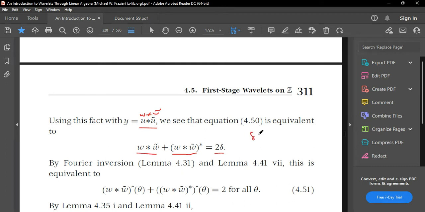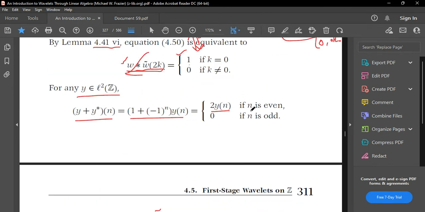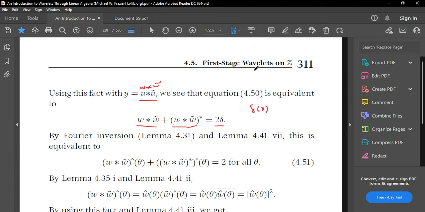What is delta of 0? Delta of 0 will be 1, and other terms will be 0, as we defined earlier. So what is W star W tilde plus W star W tilde star?